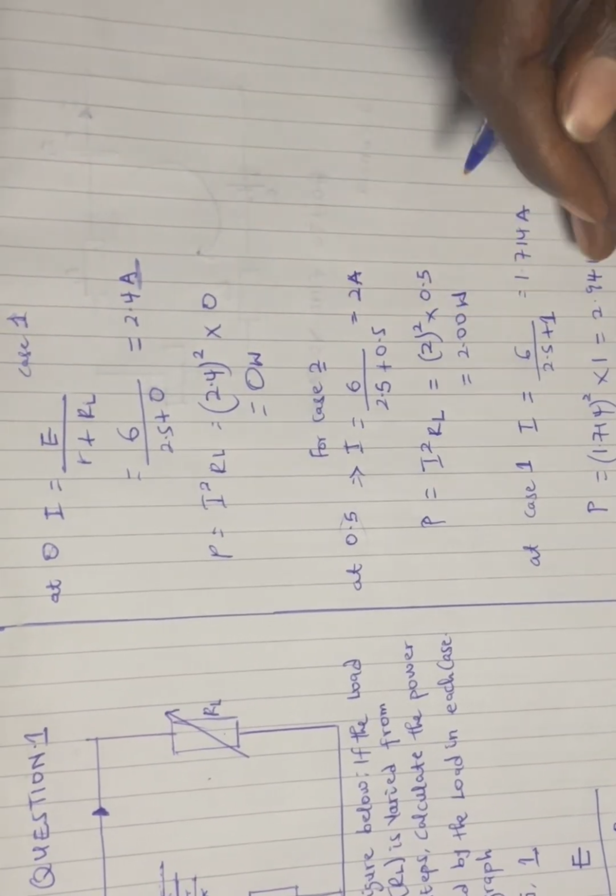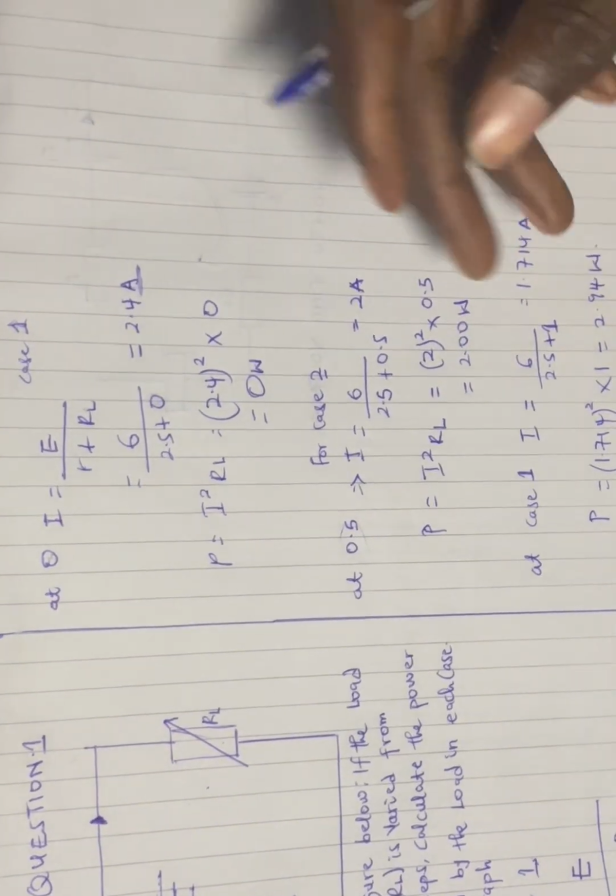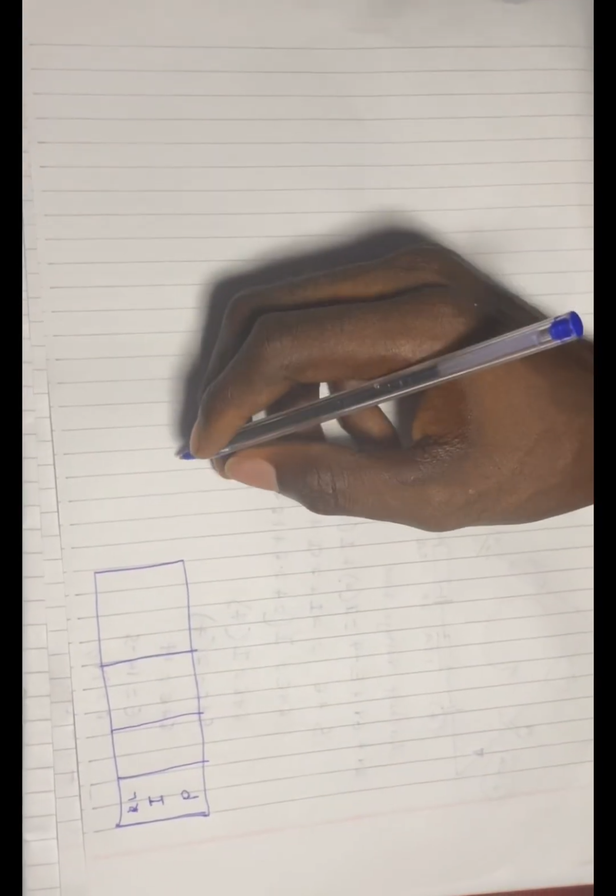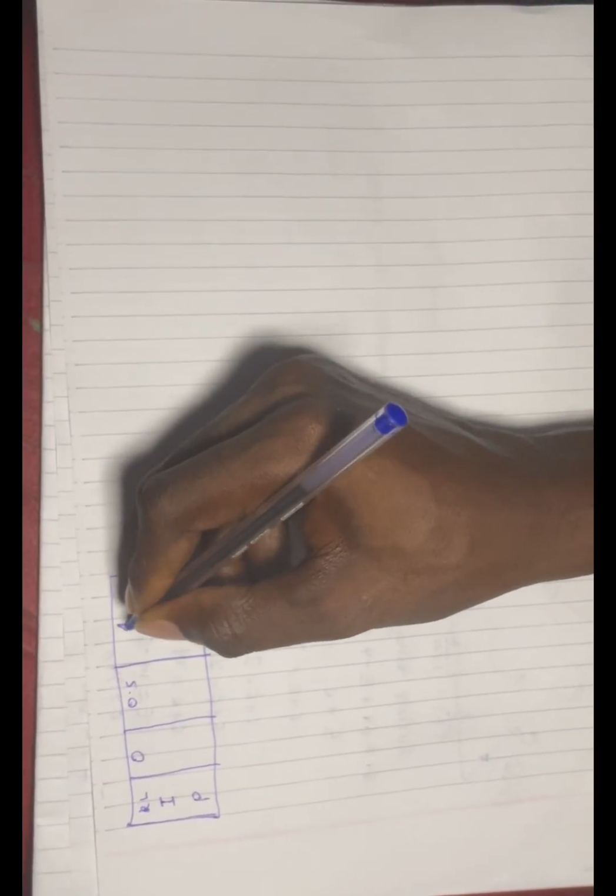So we are going to use these to draw your table. This is how your table is going to look. At case 1, RL is 0, our current was 2.4, and our power was 0.